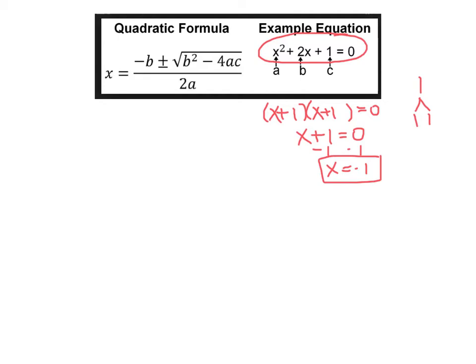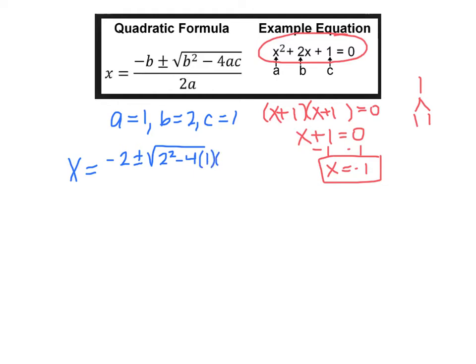Okay? And so let's see what we get when we do the quadratic formula. In this case, a is 1, b is 2, and c is 1. So you'd have x equals negative 2 plus or minus the square root of b squared, so that would be 2 squared, minus 4a, which is 1, c, which is also 1, all over 2a.